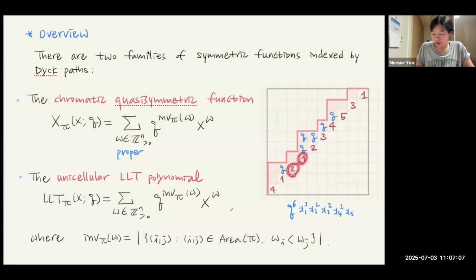Then these are coloring values. So if there is an intersection between this column and row, between the Dyck path and the main diagonal, then you put different numbers in these cells. But for example, here, these values could be the same because this is not an edge in the incomparability graph. So that's what I mean by the proper coloring.